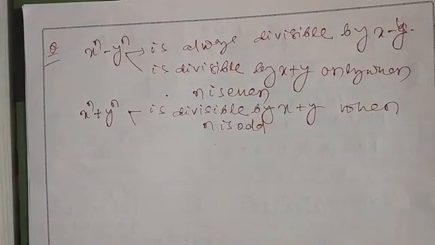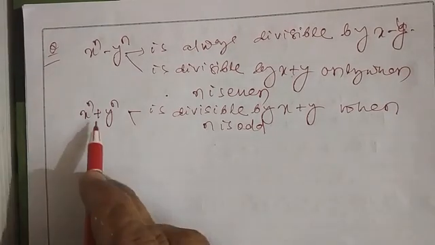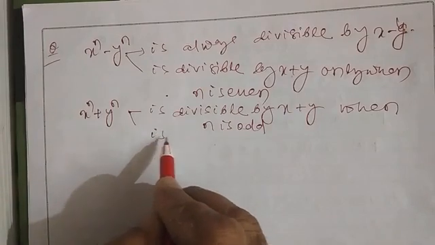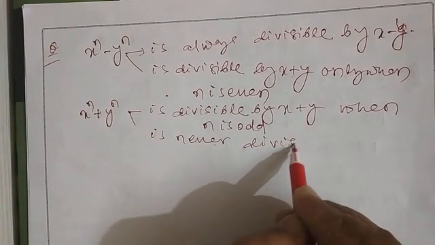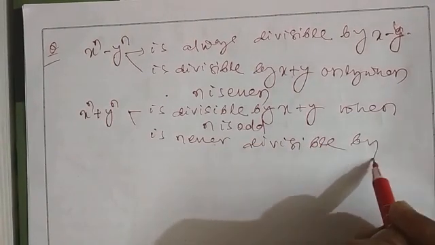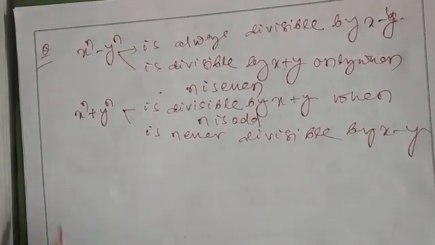Okay, and x to the power n plus y to the power n is never divisible by x minus y. Why?